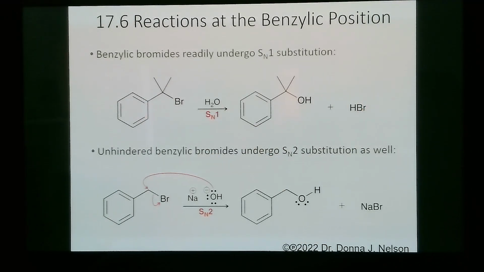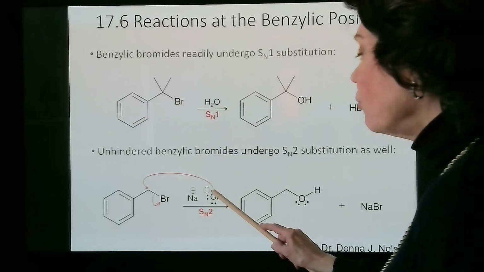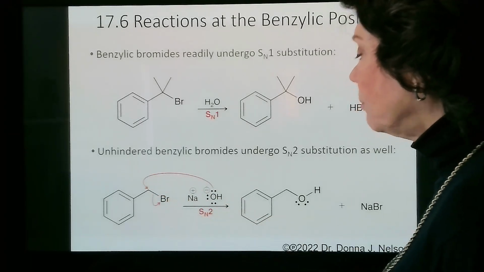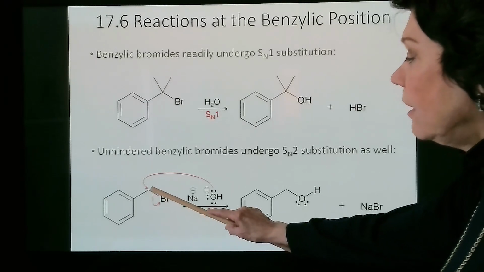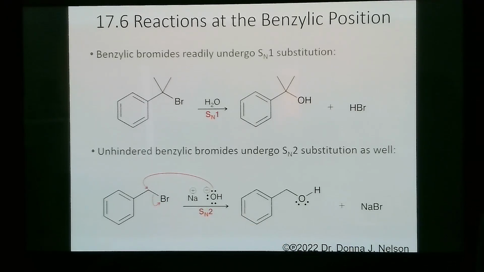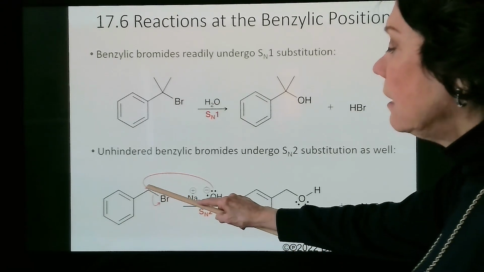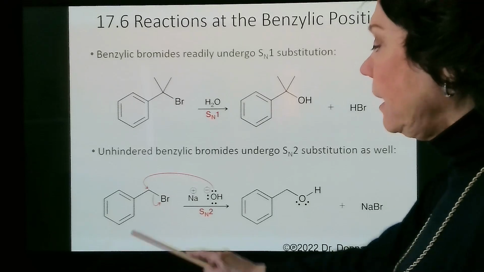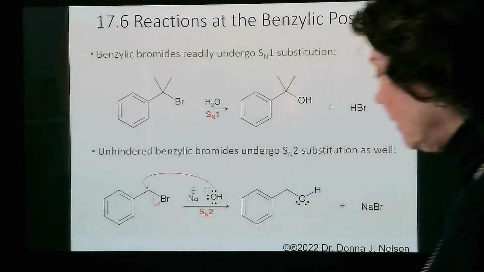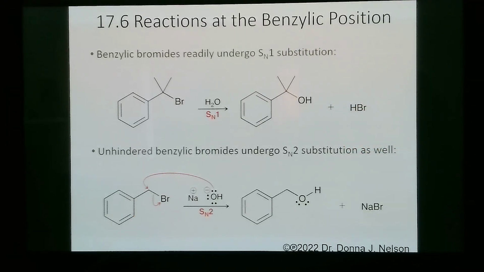In an SN2 reaction, hydroxide comes in and displaces the bromide. In the SN2 reaction, at the benzylic position, that will be stabilized also because the transition state structure that this goes through will be in conjugation with the electrons in the ring.